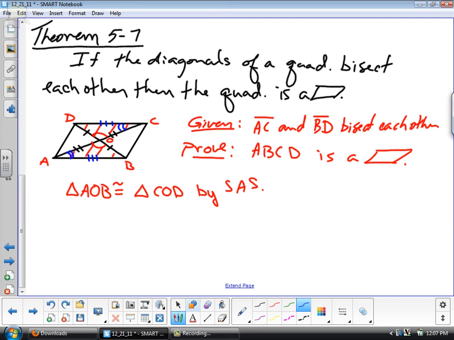So we can prove this by theorem 5-4, which says one pair of opposite sides are congruent and parallel. So, segment CD is congruent to segment AB, and segment CD is parallel to segment AB.